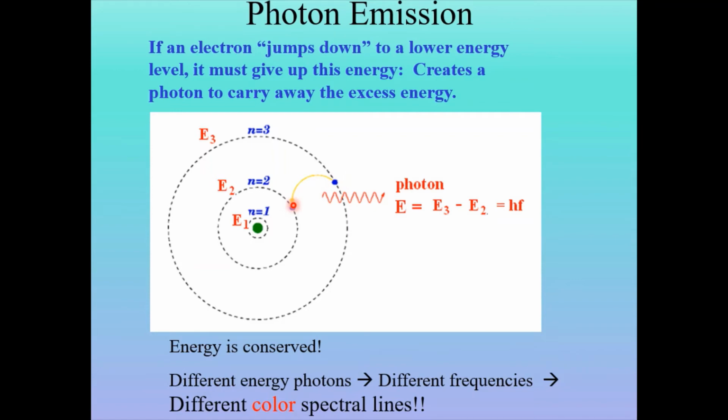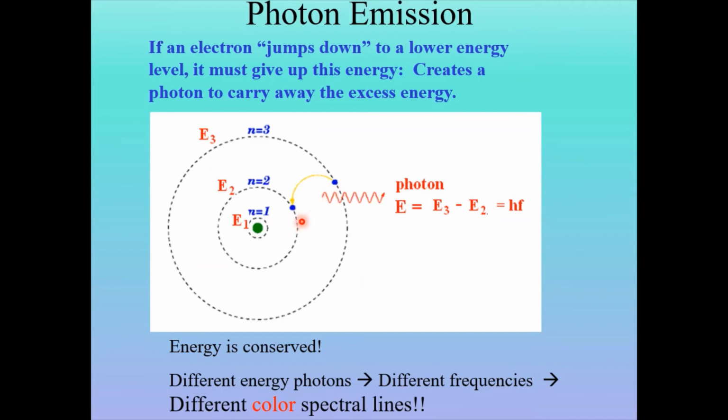But remember, when something goes from high energy to low energy, we have to get rid of that energy somehow. And remember that energy is conserved. It can't be created or destroyed. So if the electron is going to go from high energy here to lower energy here, it has to get rid of some energy. This energy can't just vanish. So how does the electron do this?